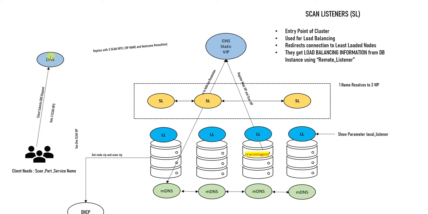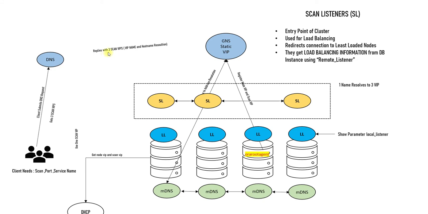It will send that information to GNS for resolution. GNS will collect all the details, whatever nodes are already added, or new nodes that have come in, but the client still does not know. It's not the burden of the client to know anything. The client must know only the scan name. The rest is the burden of GNS.